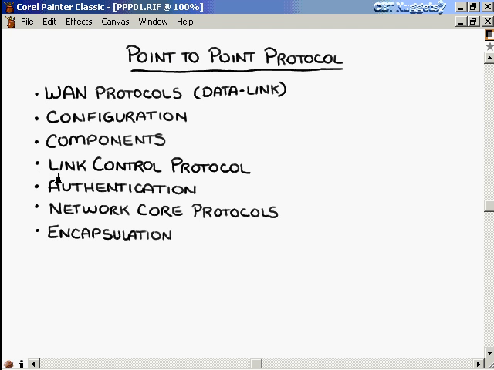Then we took a more detailed look at the first component of PPP, which was link control protocol, and understood that it had 4 phases: the link establishment, the link management, NCP support, and then finally link termination. And then with authentication, we had 2 choices, PAP or CHAP. Then as we looked at the network control protocols, we understood that there was support built in for IP, IPX, and AppleTalk. Within encapsulation, we understand that it's the accepting of a packet from the network layer, wrapping it up in a PPP header and trailer for transmission over the link.